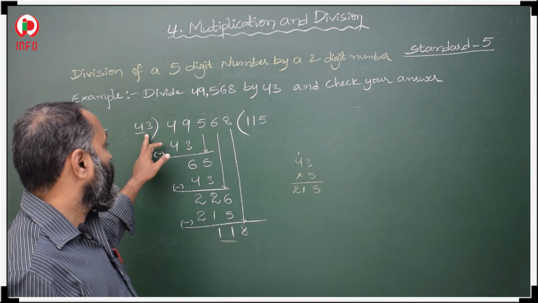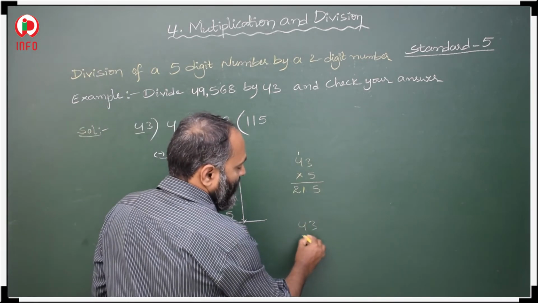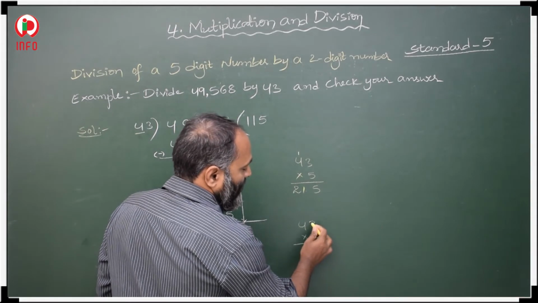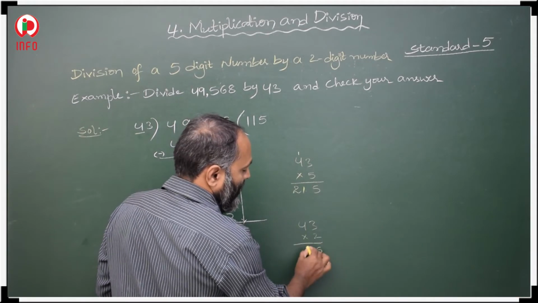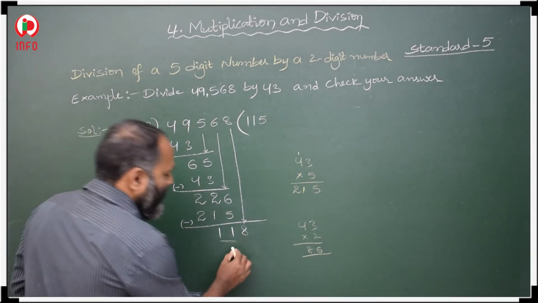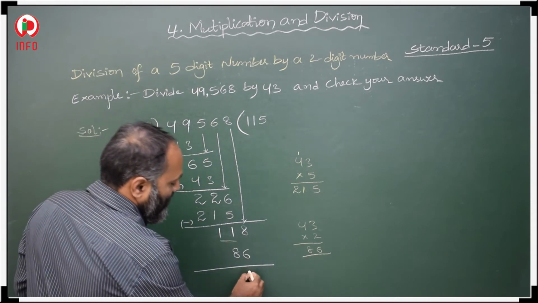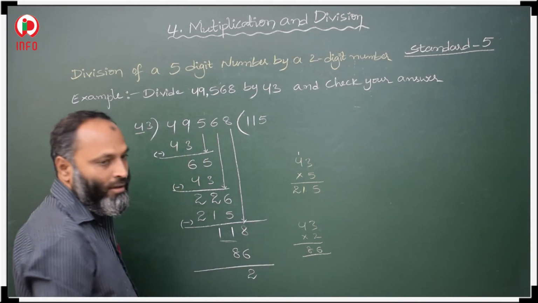We check 43 2s: 2 3s are 6, 2 4s are 8, 86. Then minus: 8 minus 6 is 2.